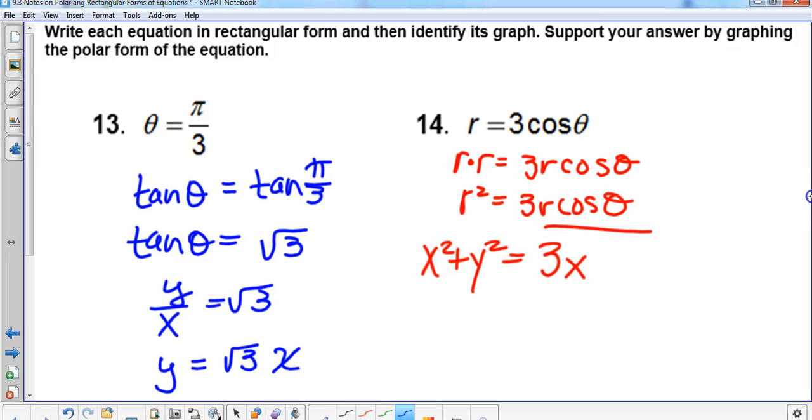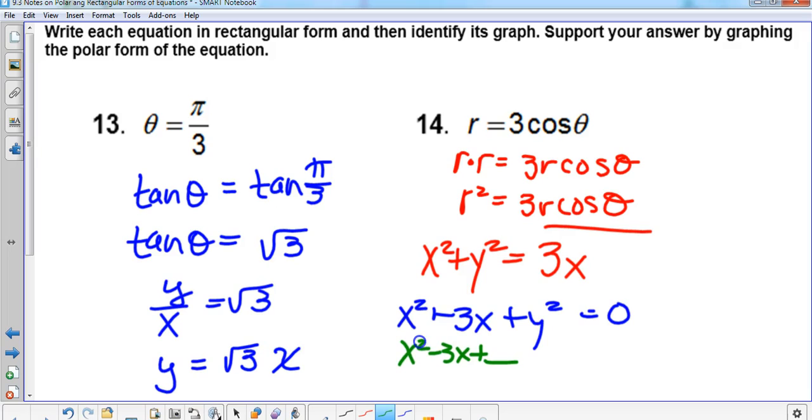On your test, it would probably say x squared minus 3x plus y squared equals 0. I'm going to super fast complete the square. You'd have x squared minus 3x plus blank plus y squared equals 0 plus blank. This would be x minus 3 halves squared, which should be 9/4.